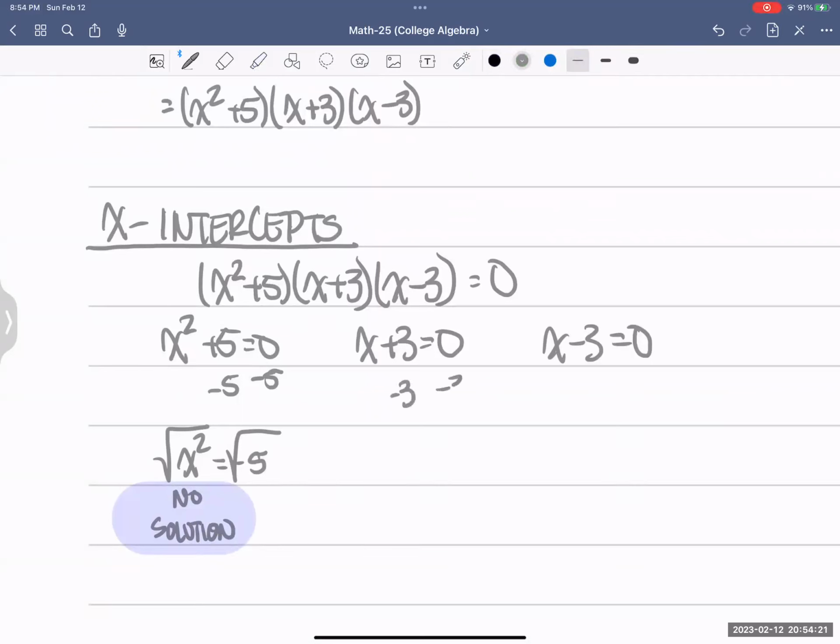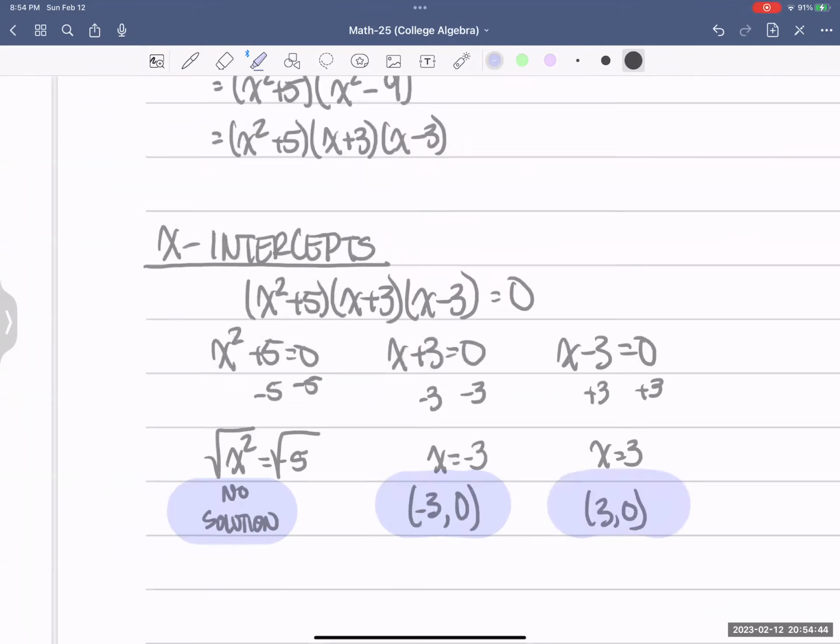Minus 3 on both sides: x is equal to negative 3. So our solution is when x is negative 3, y is equal to 0. Super fun. And lastly, plus 3 on both sides: x is equal to positive 3, and we have 3 comma 0.